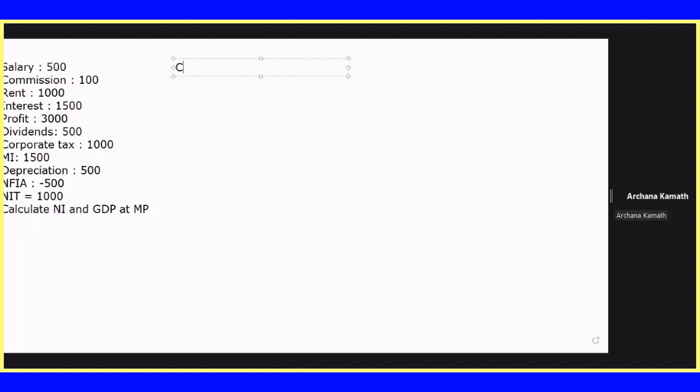Here we'll first find out compensation of employees, which is salary plus commission. No other compensation has been mentioned.